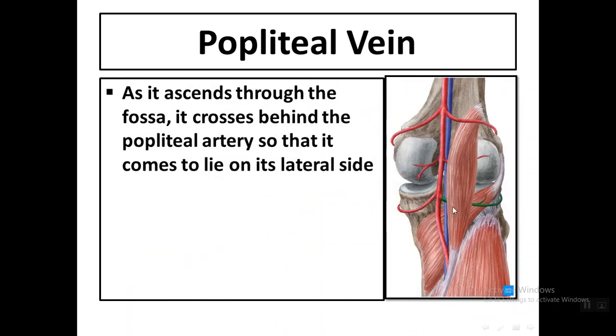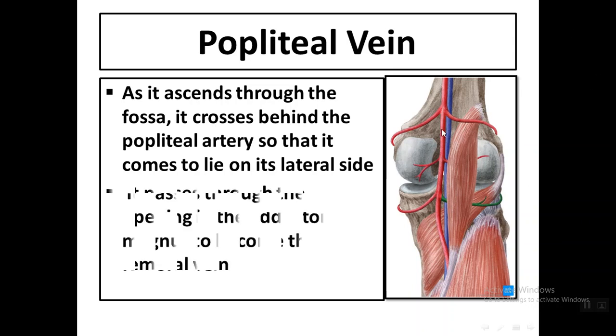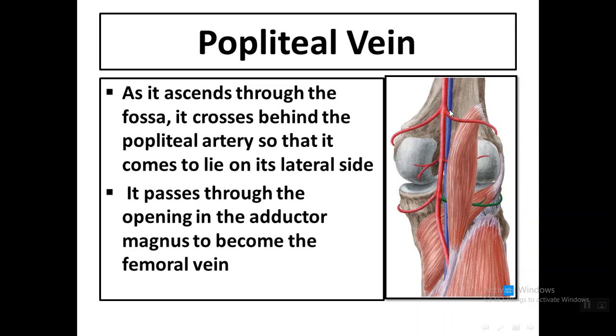As it ascends through the fossa, it crosses behind the popliteal artery so that it comes to lie on its lateral side at first.